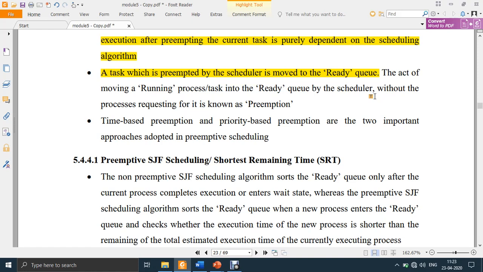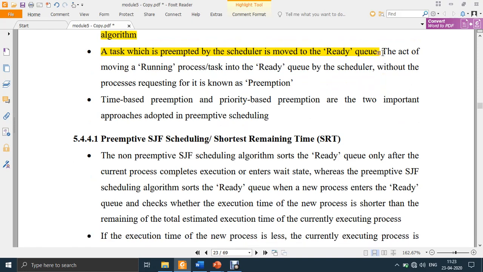Remember there are three queues: ready queue, job queue, and device queue. The act of the scheduler moving a running process or task into the ready queue without the process requesting it is known as preempt. The process which is currently running doesn't want to give away the CPU. It wants to complete its execution.